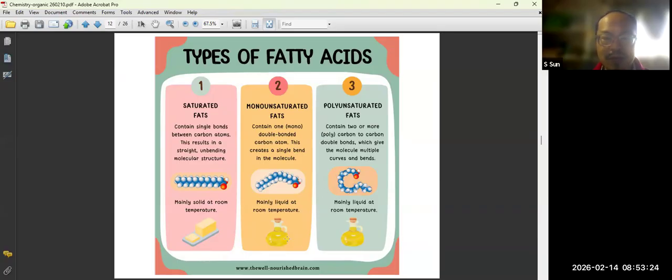And so either way, you have the liquid form. So you have mono unsaturated and poly unsaturated. So you can have one or more carbon-carbon double bonds. That's how you classify them.